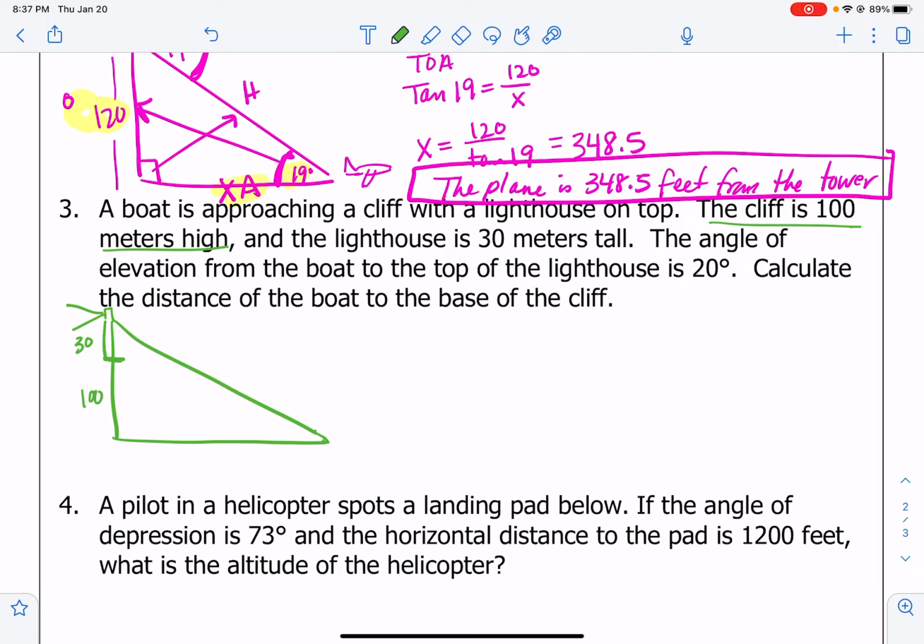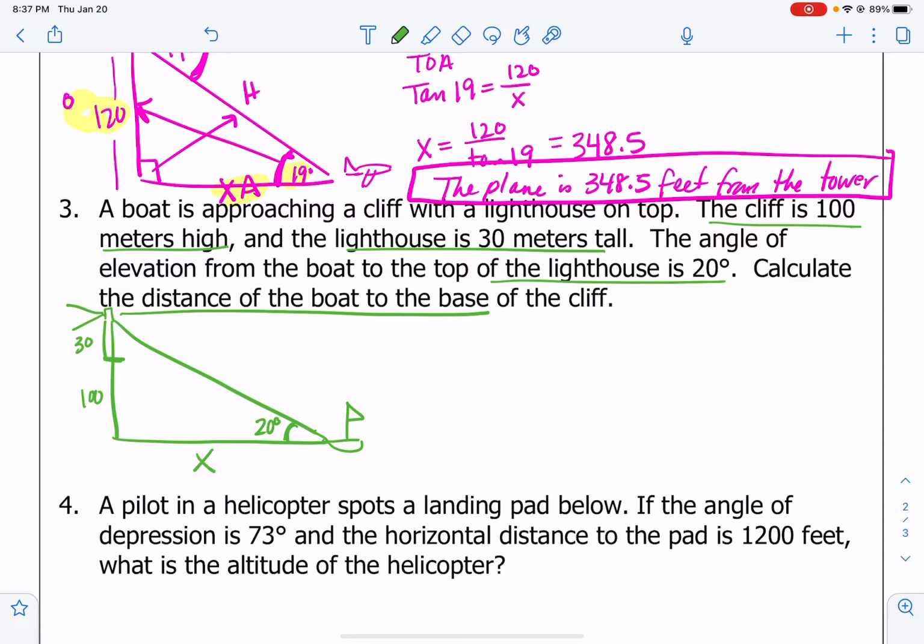The angle of elevation from the boat up is 20 degrees. Calculate the distance of the boat to the base of the cliff.